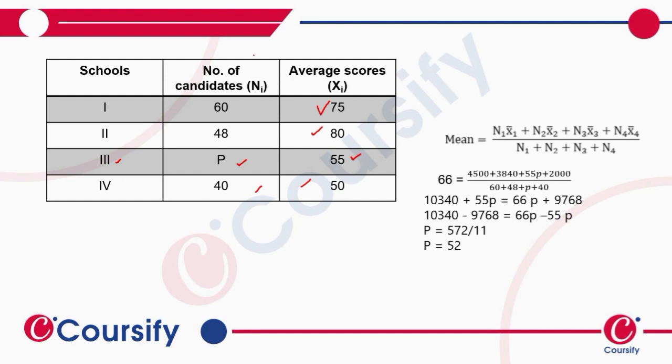If we consider n1 to be f, and if we consider x1 bar to be x, it becomes quite the same formula, because in the denominator we have added the n terms, which we can again take as summation f.